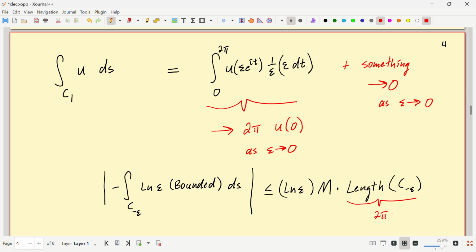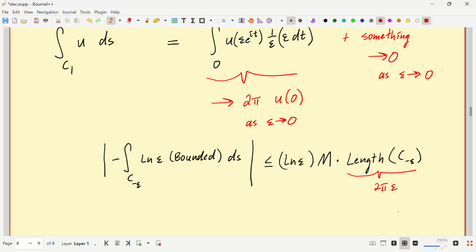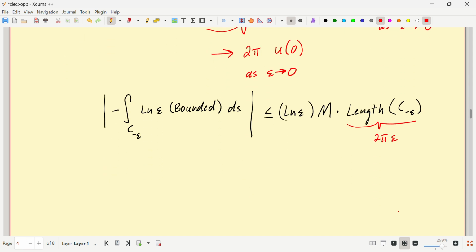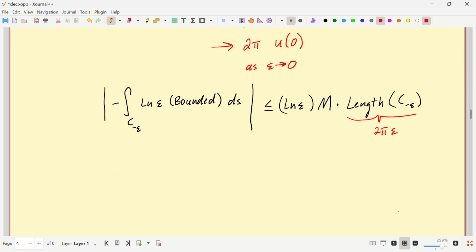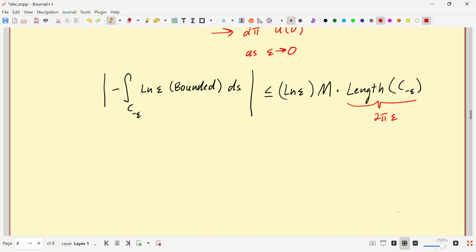Then you see something from freshman calculus you remember, hopefully. Epsilon log epsilon goes to 0 because epsilon dies away much faster than log epsilon blows up. So the aha moment is L'Hopital's rule shows epsilon times log epsilon goes to 0 as epsilon goes to 0.